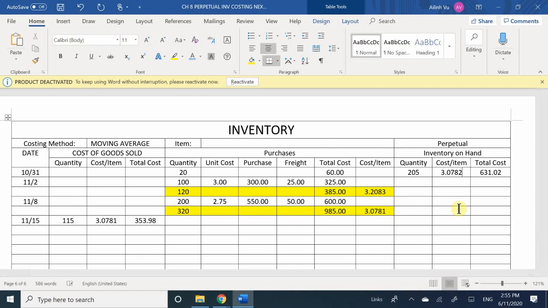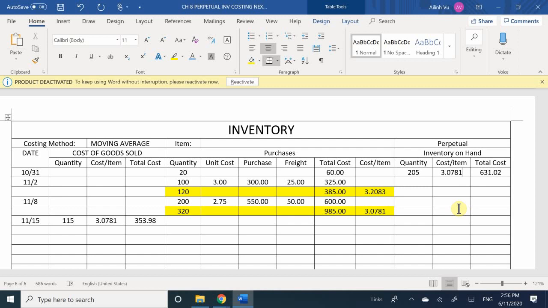Wait, hold on. Go ahead and calculate yourself, just to ensure. I still got 8-1. The total number that I got was 3.078139.